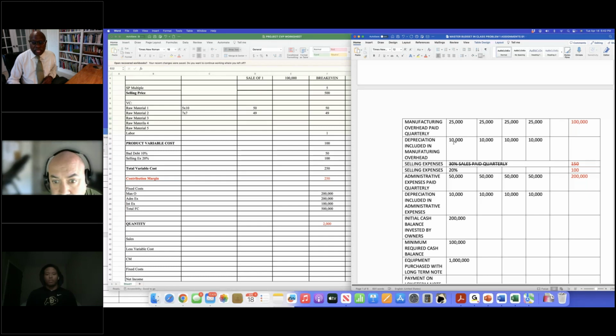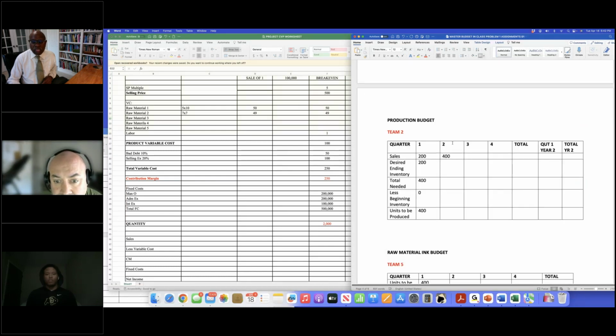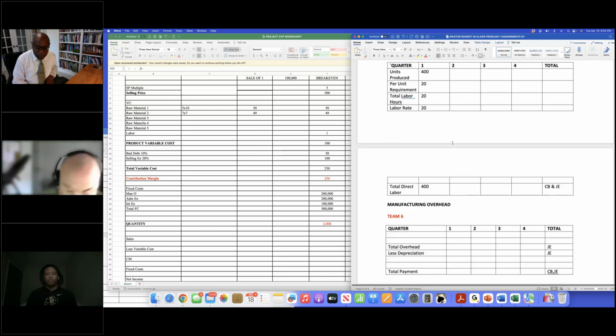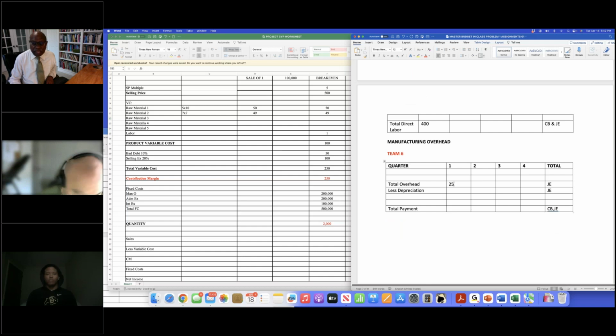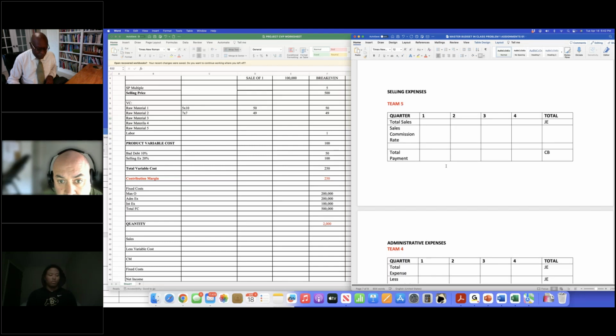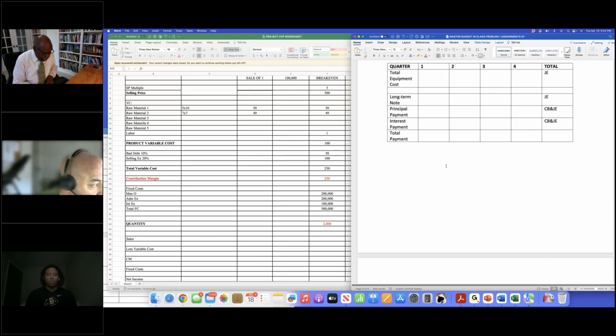So we're going to take 25,000 and subtract the depreciation since that's not a cash item. We don't want to borrow money to cover depreciation because we don't have to pay it. So the total payment is 15,000. That will happen all the way across. So now we've got the manufacturing overhead at 15,000.